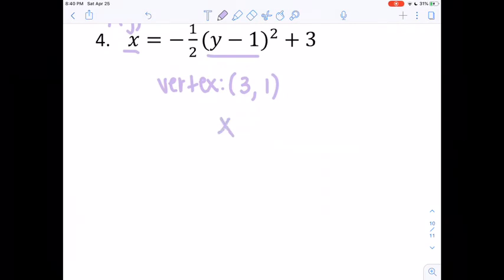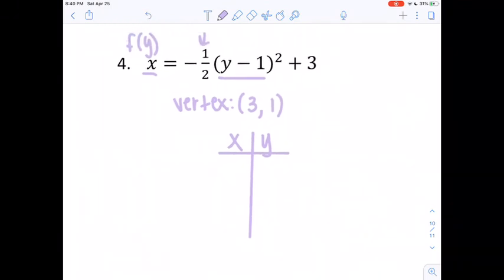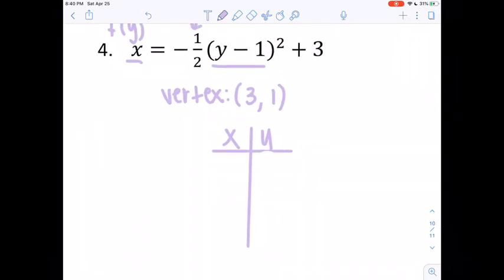And when we're creating our XY chart, I'm going to pick values of y instead of values of x. I'm not going to go consecutive with the y values, just because I want to try to find numbers that will be divisible by 2. So let's say I'm going to choose 3 and 5.